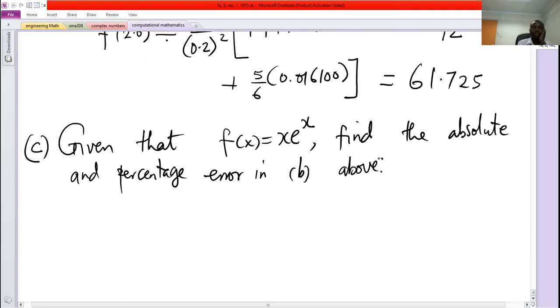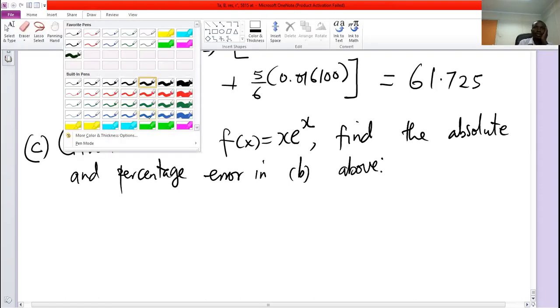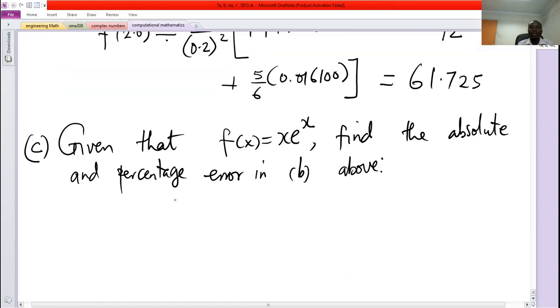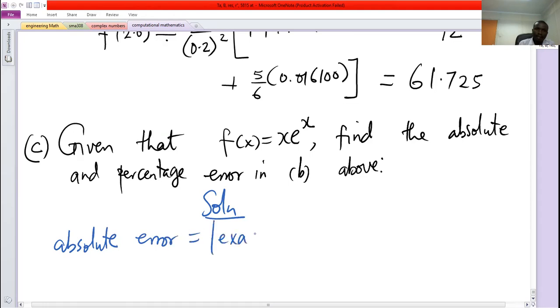So the first thing is we have to realize that to find absolute error is a difference between exact and approximate. Absolute error is exact value minus approximate value.